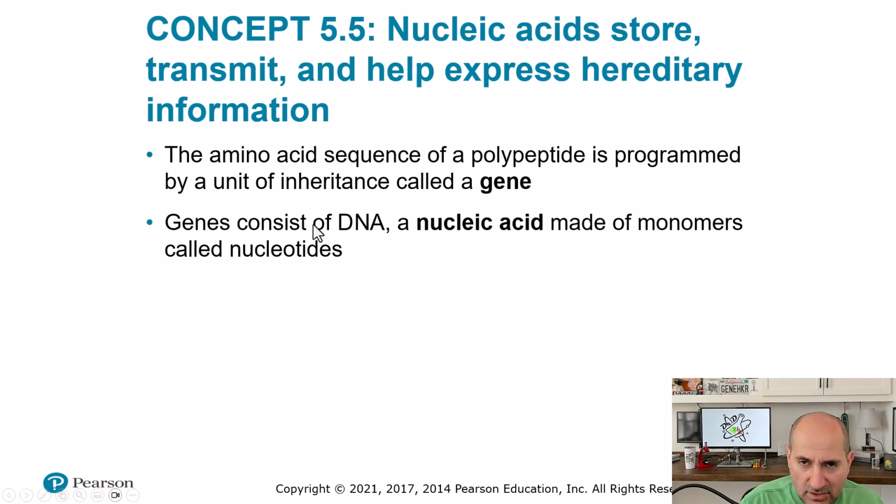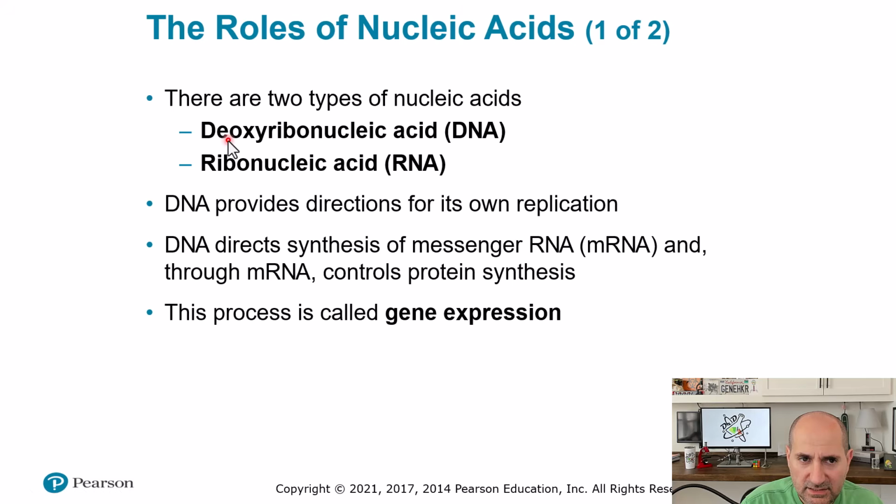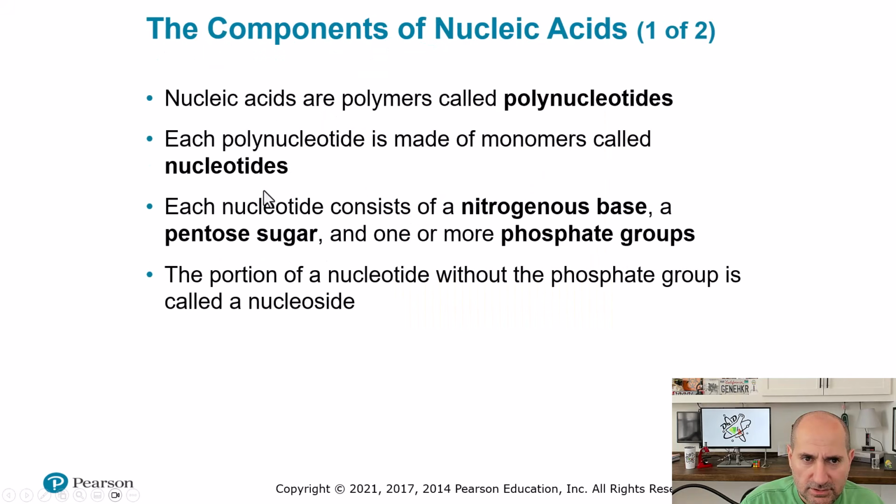And lastly, we talked about the nucleic acids. You should know that the nucleic acids consist of DNA and RNA: DNA, deoxyribonucleic acid, and RNA, ribonucleic acid. These nucleic acids are made up of monomers called nucleotides.